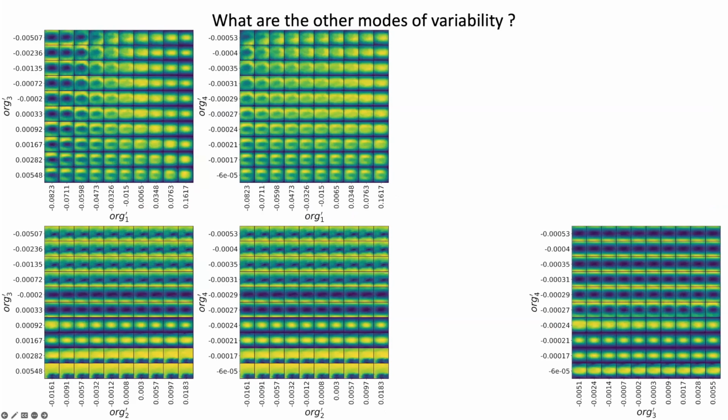You can also look at some of the other modes of variability that we learned, like org1 prime and org3, org4 prime and org1, but I find these a little harder to interpret, though at least we see some differences in what the fields look like.